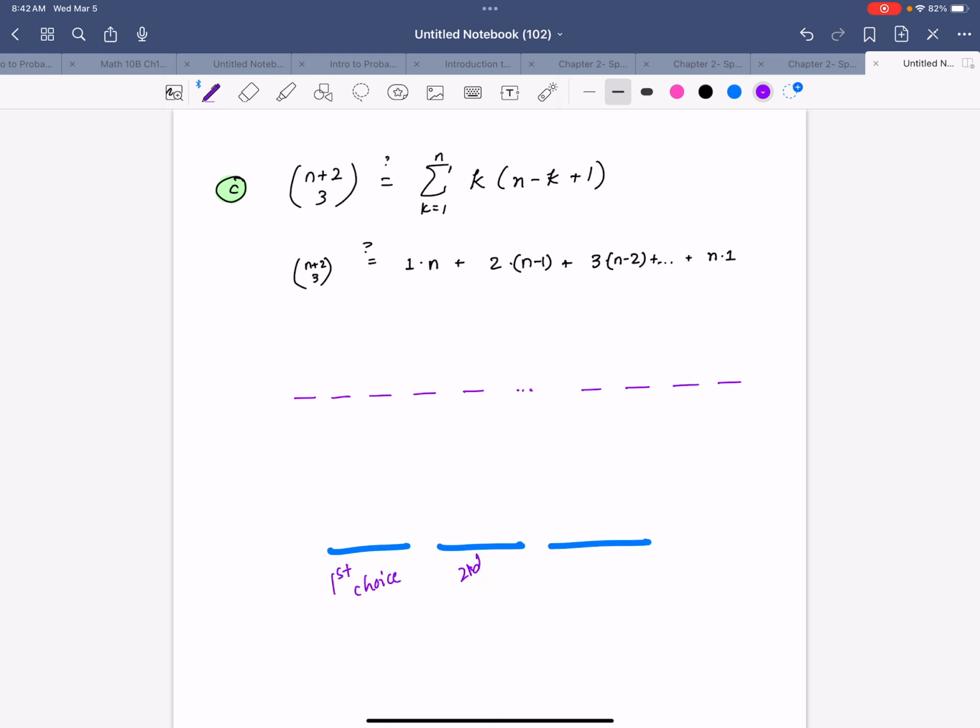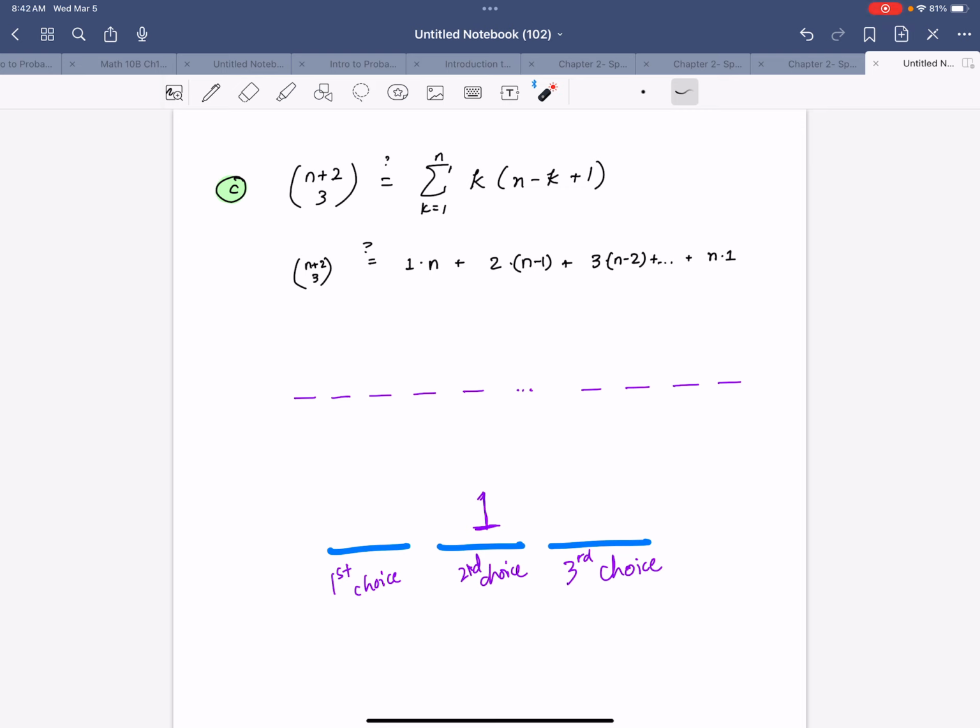This is the second choice. And then this is the third choice. Right? Remember, for the product rule, we can have it so that the middle choice, we're always having the second choice be one specific number.